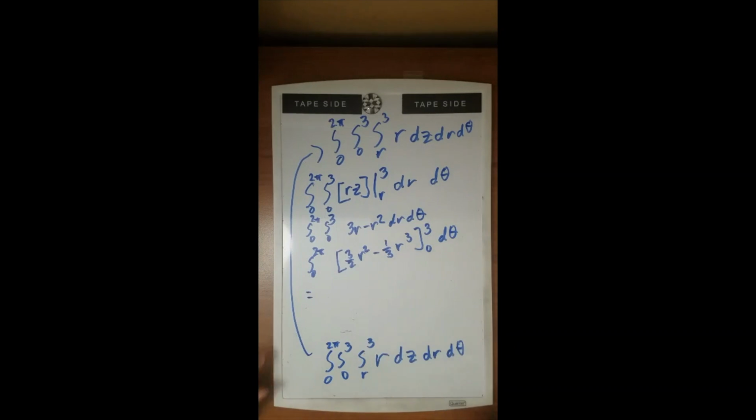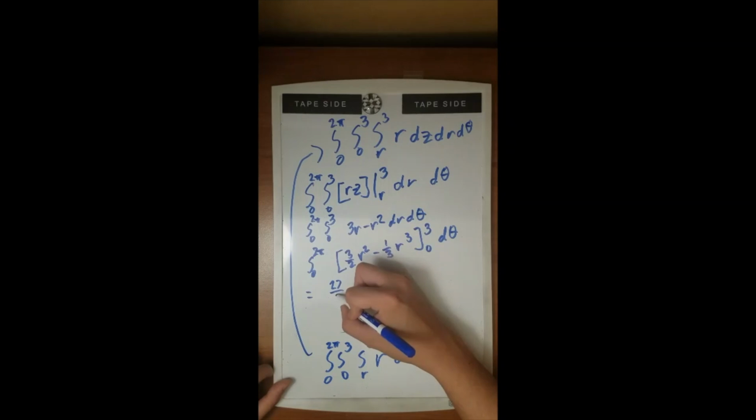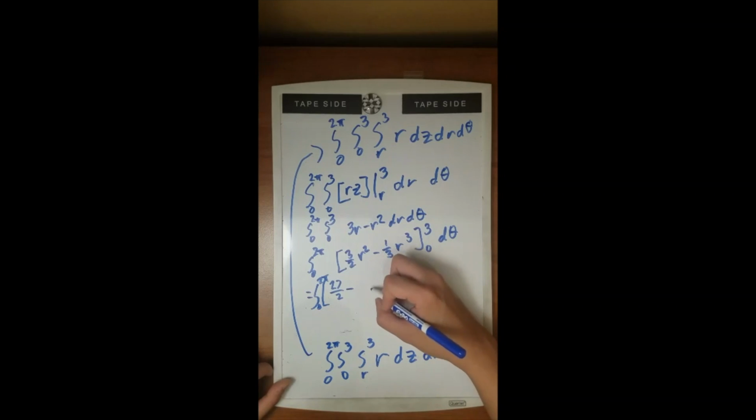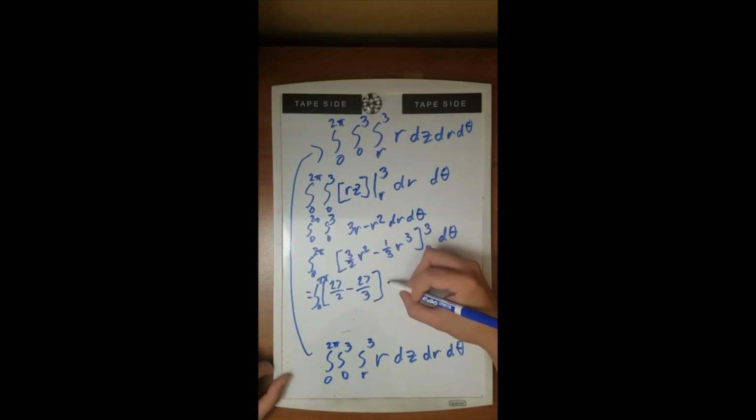That should give us something along the lines of 27 over 2 minus 27 over 3, d theta, from 0 to 2 pi, which gives us from 0 to 2 pi 9 over 2 d theta.